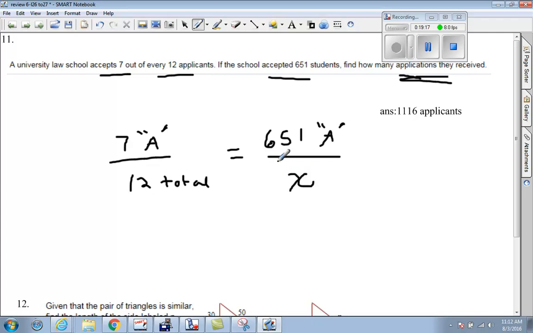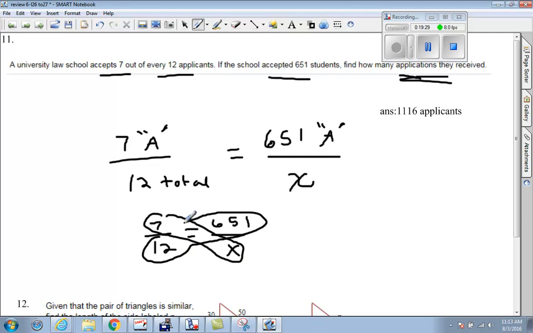That's unknown. So really you just have to make sure you're setting up that proportion. So 7 is to 12 as 651 is to x. And then again we can cross multiply and solve. So we end up solving 7x equals whatever 651 times 12 is.